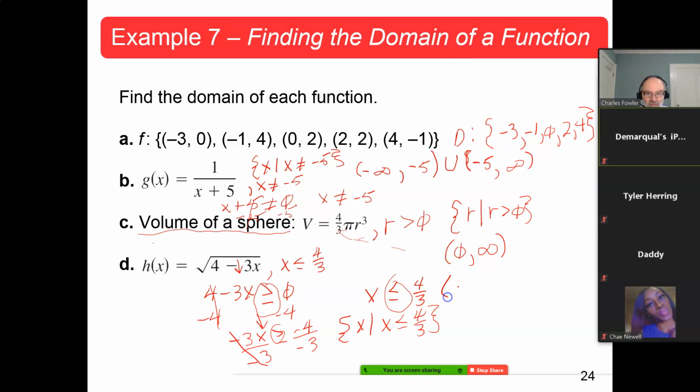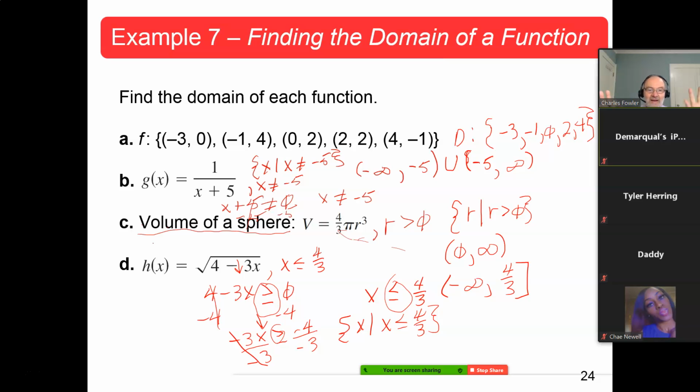That means you're starting way over there at negative infinity, going up to and including 4/3. Because it includes it, we put the bracket. If you have the equal sign with the directional inequality, you put the bracket here. If you have no equal sign, you put parentheses. Does that make sense? Bracket means you include it. Parentheses means you do not.